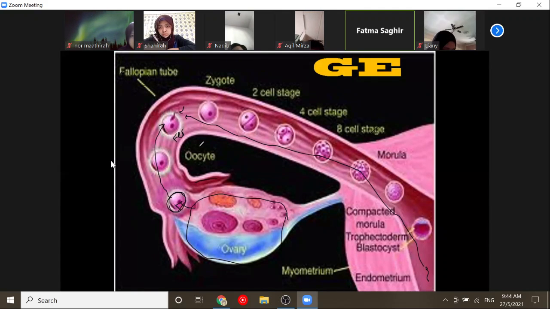We can say this is the outer third of the fallopian tube, but you don't have to be so precise. Even if you say the middle of the fallopian tube, it's okay. So this is also the site of fertilization. After this, the result will be the zygote. So here we have the zygote, which is one cell.